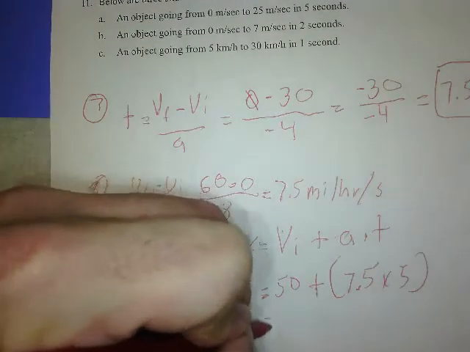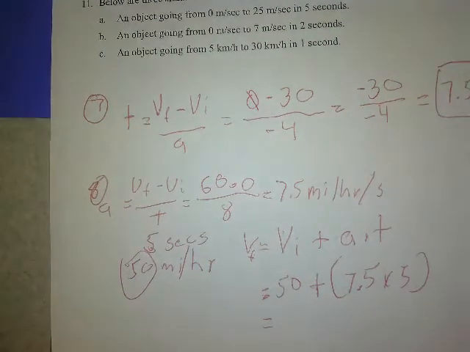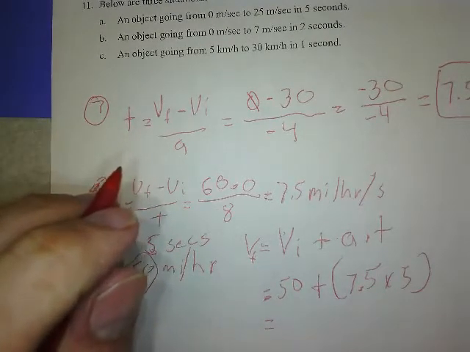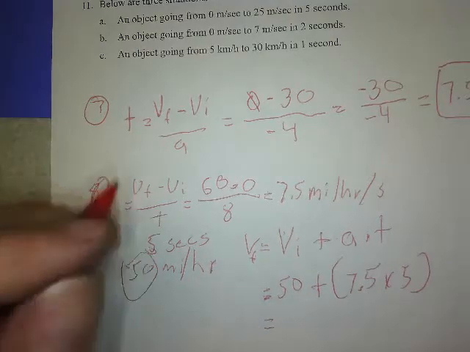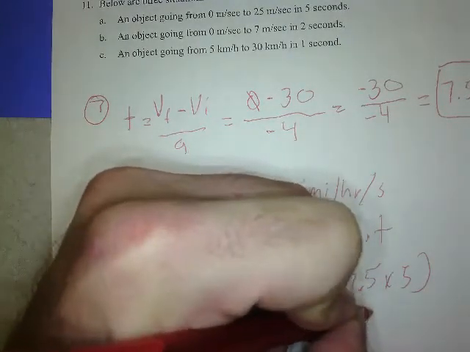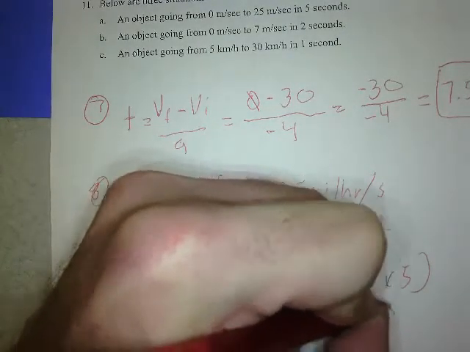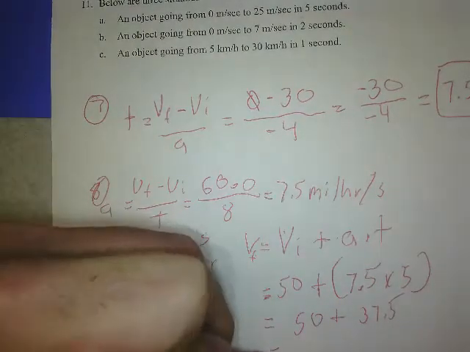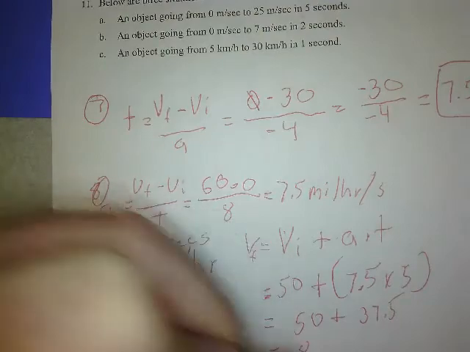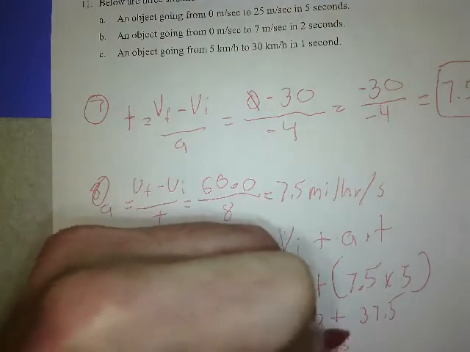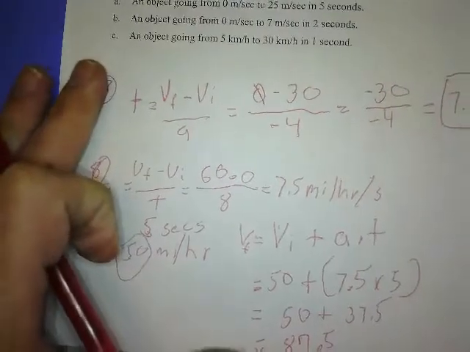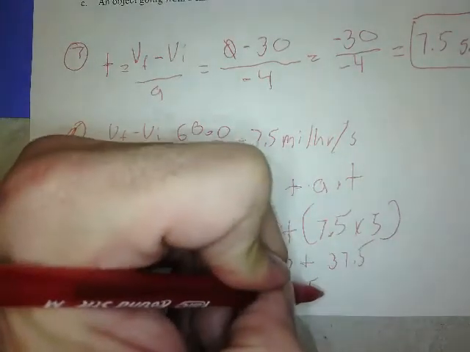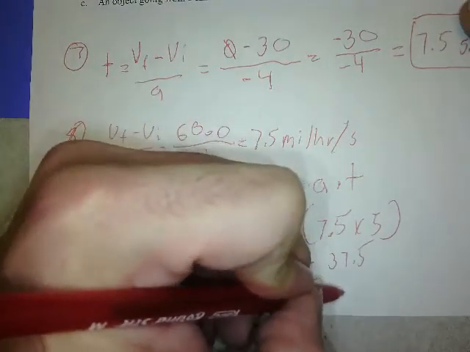So V final equals initial velocity plus acceleration times time. Alright, so our initial velocity in this question is 50 miles an hour since we're already going 50, plus our acceleration, we just figured, is 7.5 miles per hour per second.